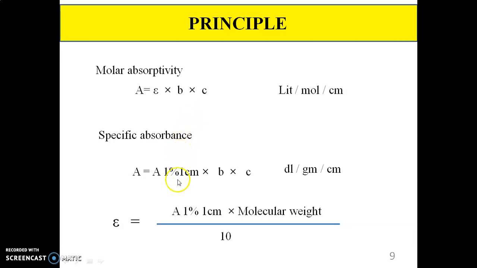A simple, easily derived equation allows interconversion of molar absorptivity and specific absorbance: molar absorptivity is equal to specific absorbance times molecular weight divided by 10. By using the absorbance value, we calculate the concentration and then the percentage purity.